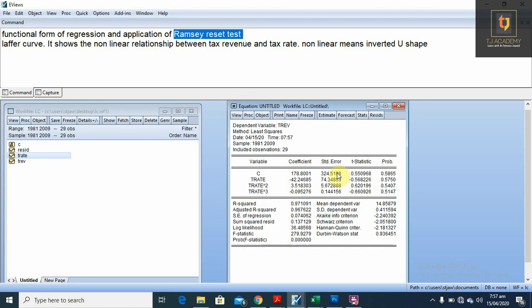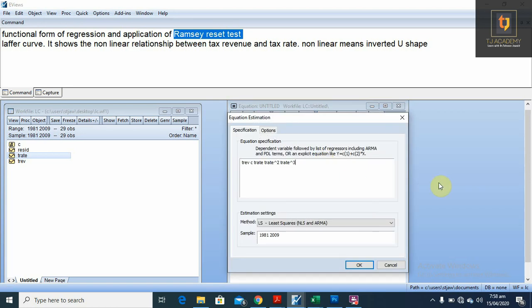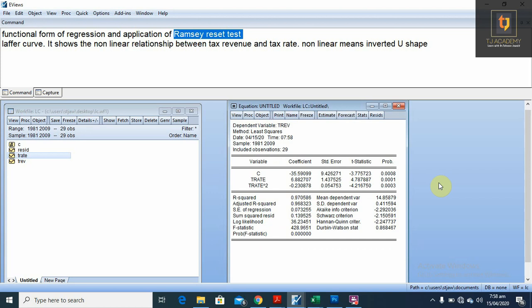Then OK. So here we can see the cubic relationship is not significant in the data, so we will exclude this cubic term, and this is the regression with the square term.